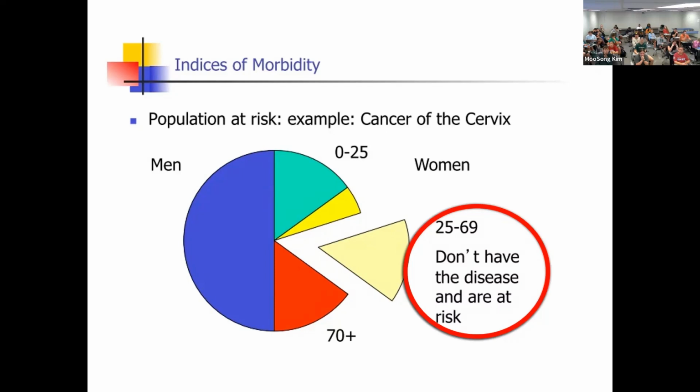Okay, let's take an example. 100 women between 25 and 69. So we're actually talking about cervix cancer. So 100 is who is at risk, right? But among the 100, 20 women already had this disease.